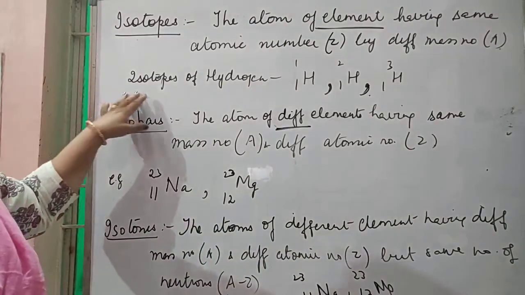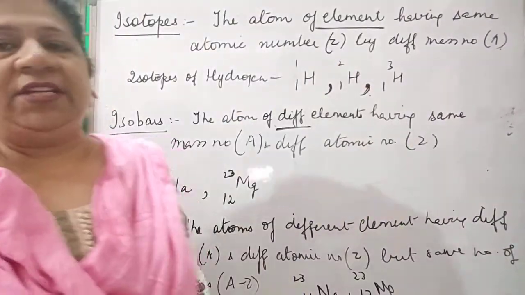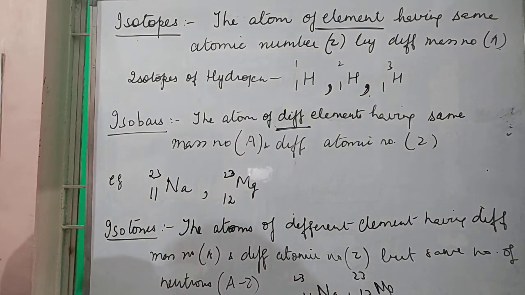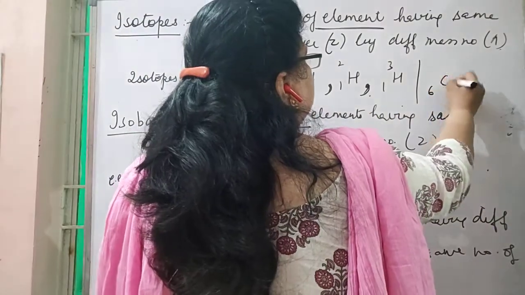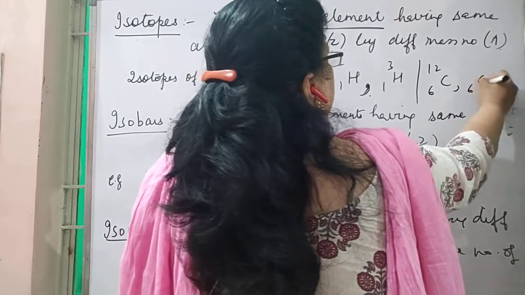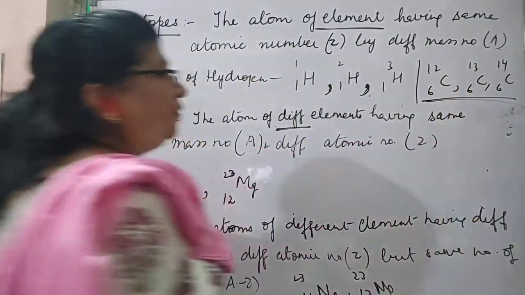For example, the isotopes of hydrogen, 1H1, 1H2, 1H3, they all have the same atomic number but different atomic masses. We again have the isotopes of carbon, then one more example, 6C13 and 6C14. These are the isotopes of carbon.